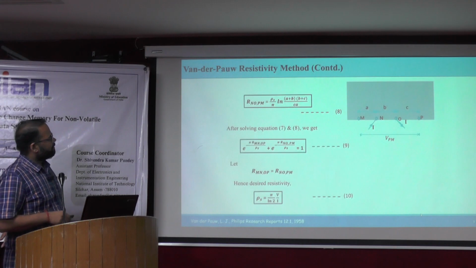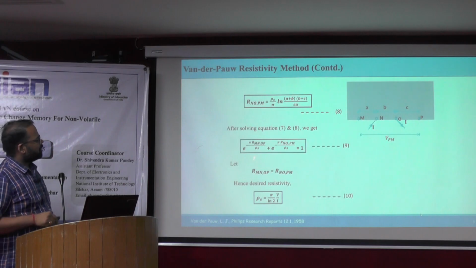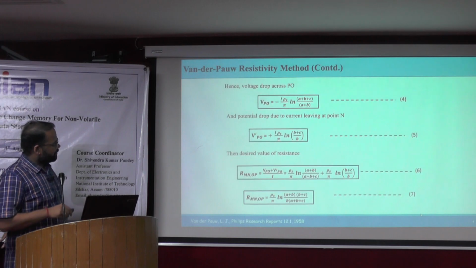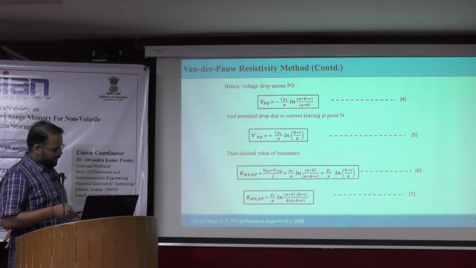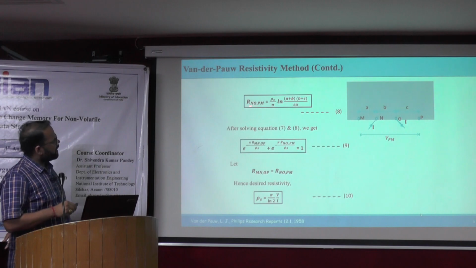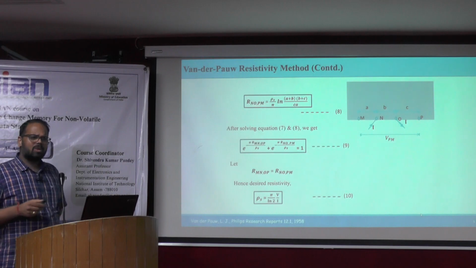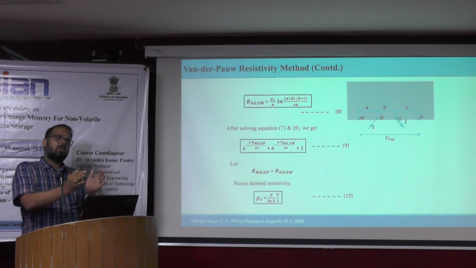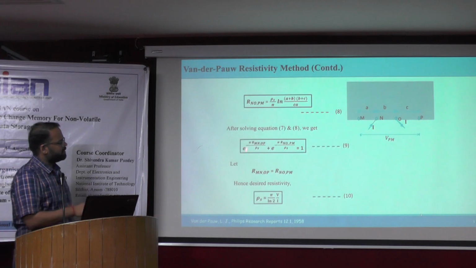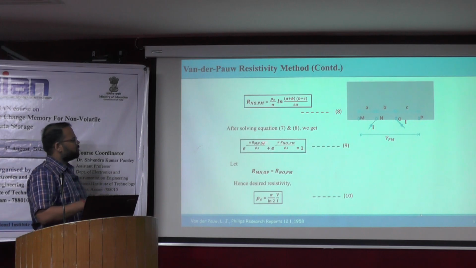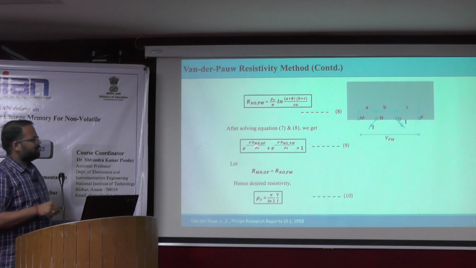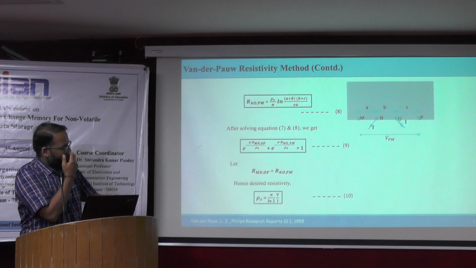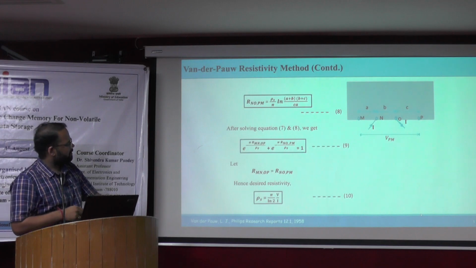Finally, after solving equations 7 and 8, this one is R_MN,OP and the other is R_NO,PM. They are changing the terminals of source and current, and identifying this relation. If you solve this equation, you will be able to identify the ρs value, the resistivity.